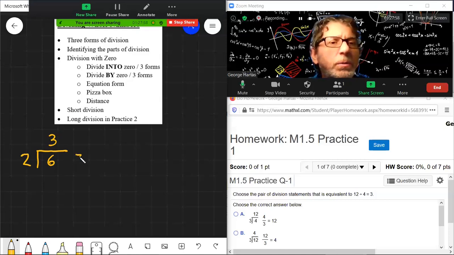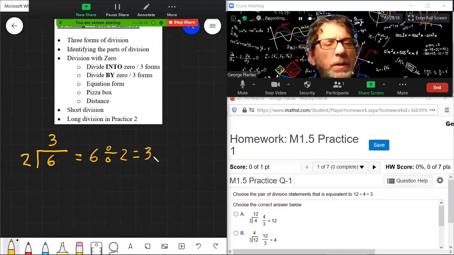Another way to look at it is this way. 6 divided by 2, which is, again, 3. So 6 divided by 2 is 3. Here you would say it from left to right: 6 divided by 2.